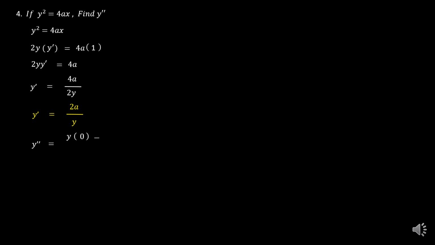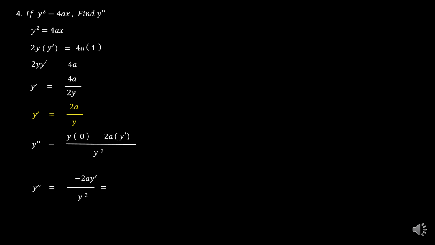Minus, just copy the numerator 2a, multiplied by the derivative of the denominator y, and the derivative of y is y', divided by the square of the denominator, which is y squared. Simplify: y'' = negative 2ay' all over y squared.